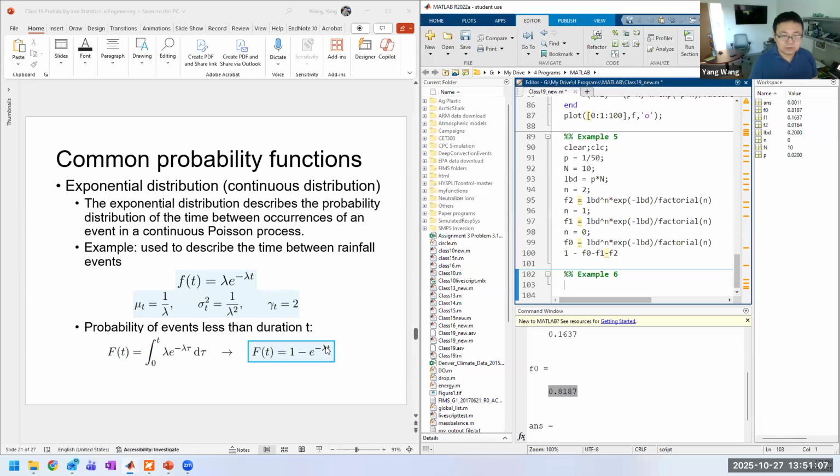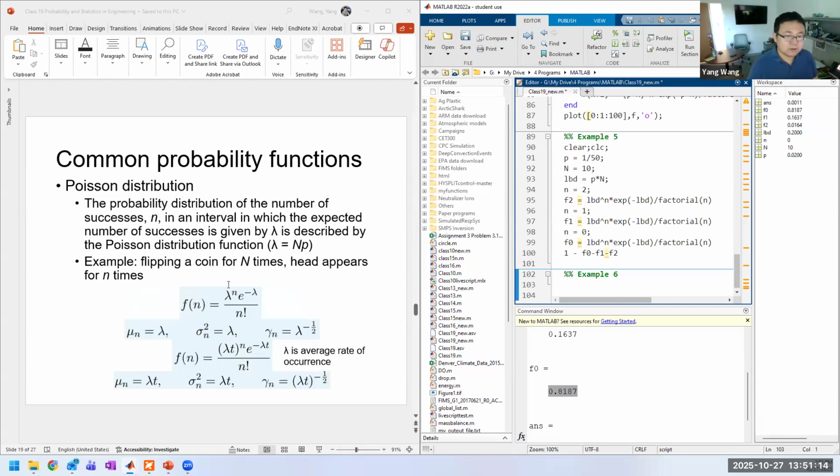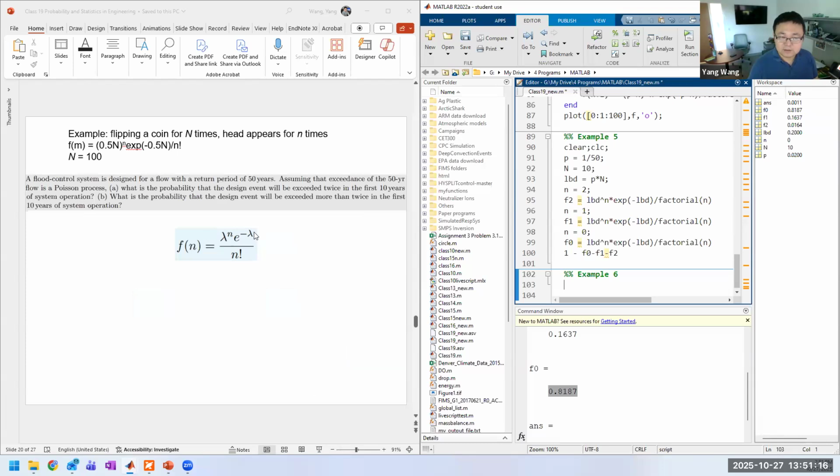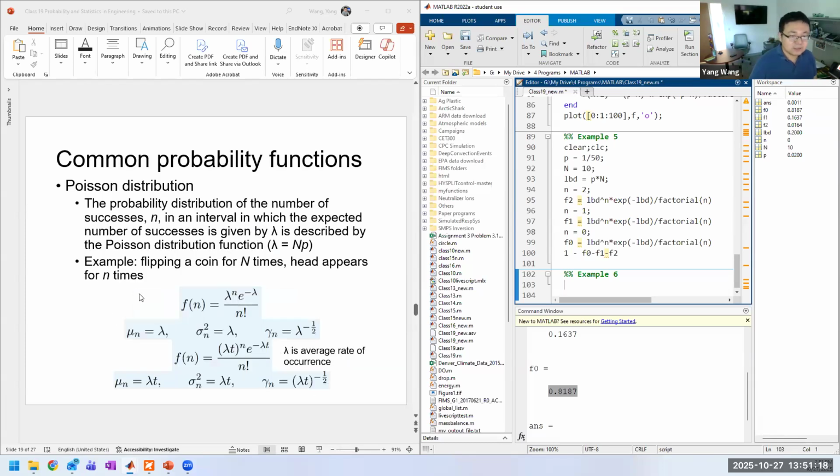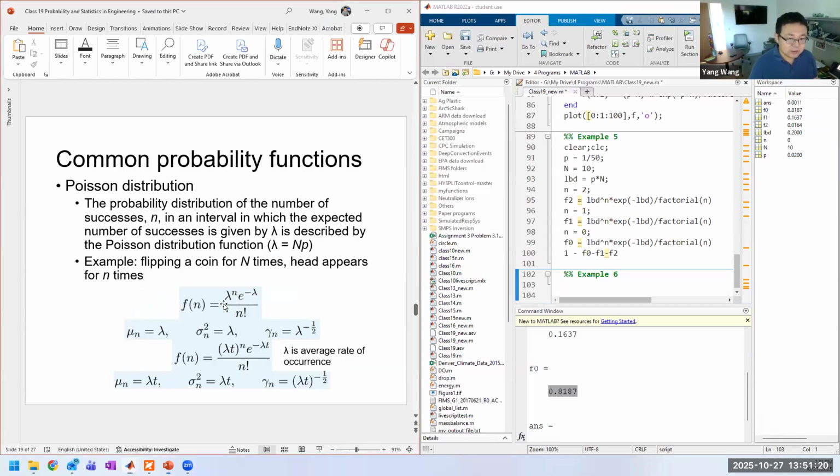Another thing I want to point out is that for the Poisson distribution, you see here, this is the function, but earlier when we were calculating this case here, there isn't t here. So it turns out that for Poisson distribution, if it's a discrete distribution, we actually use this function here. If it's a continuous distribution, we'll actually use this function, which involves the t here, involves the time here.